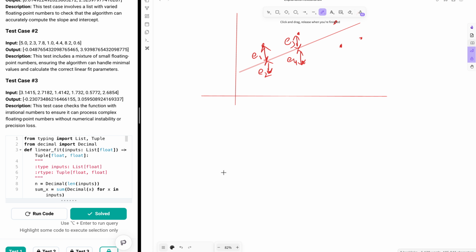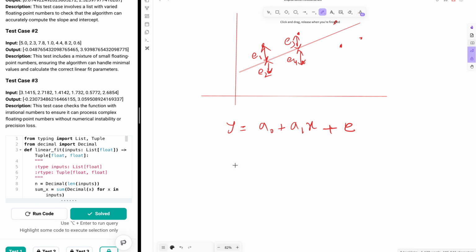So if I model this, then it would be something like y equals a naught plus a1x, but that would not be so straightforward. So what we'll do is we'll add one error function that would help us to minimize this error and make this straight line fit all these points.